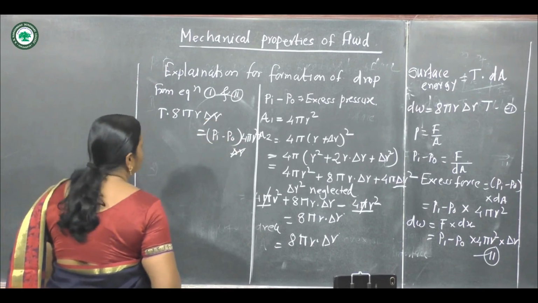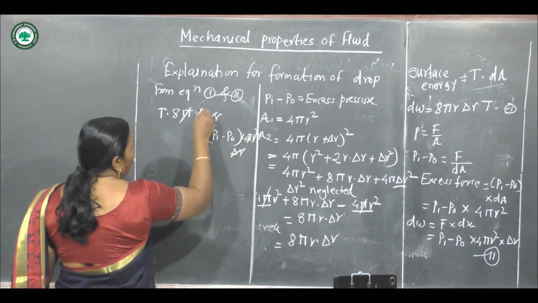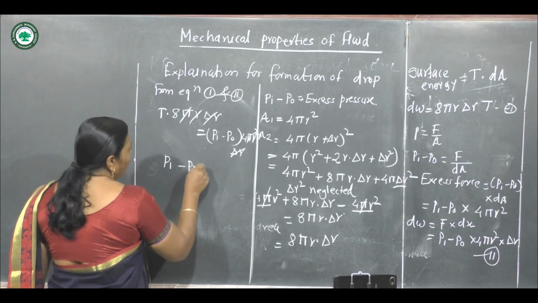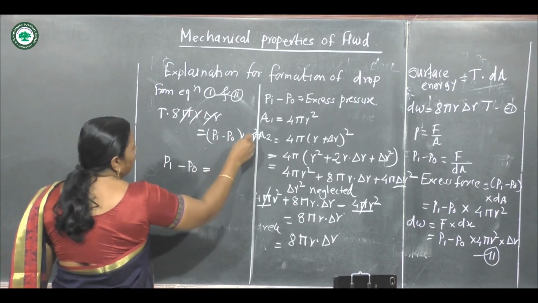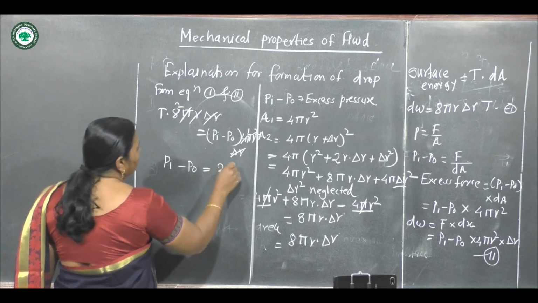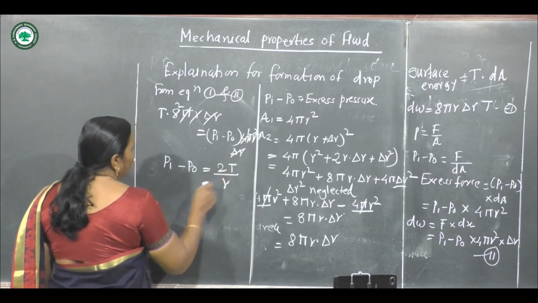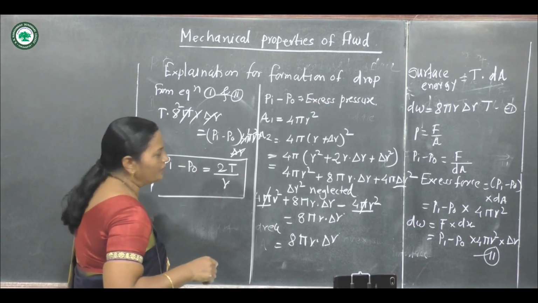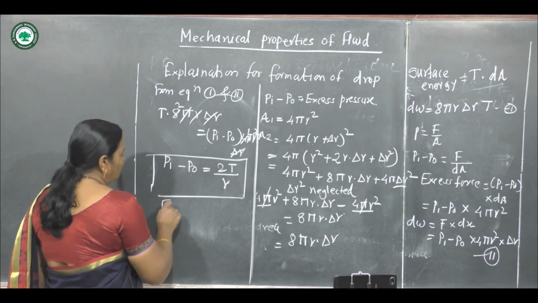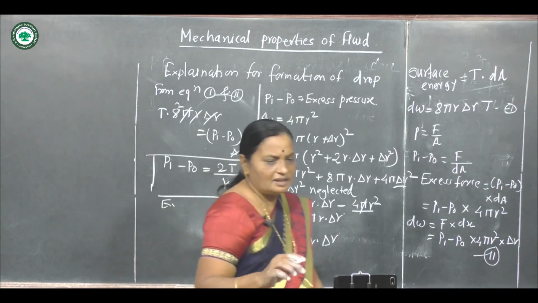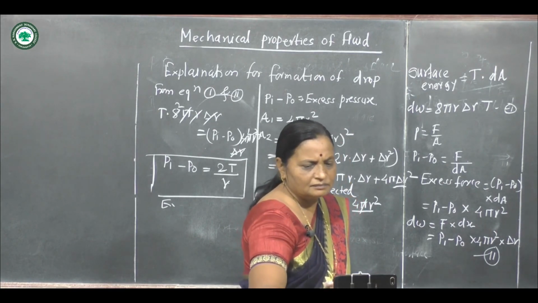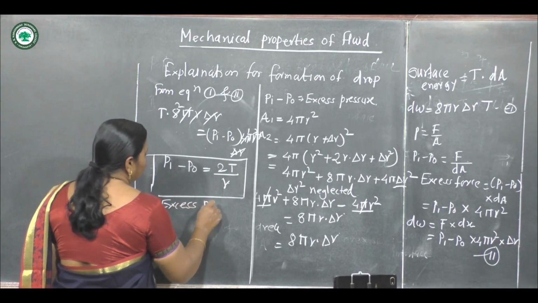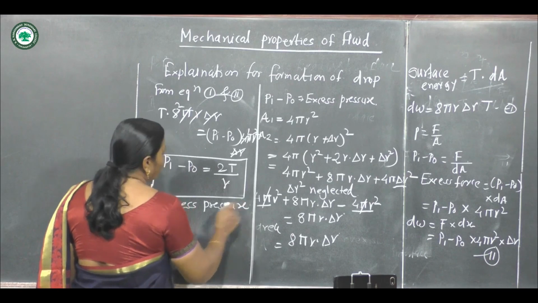Delta r gets cancelled, pi gets cancelled, r gets cancelled, and we get Pi minus P0 equal to 2T divided by r, and it is the excess pressure for drop.